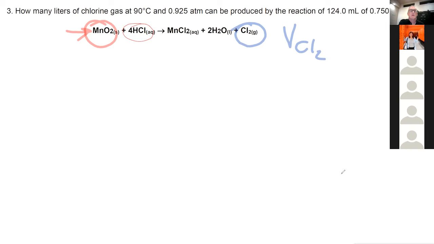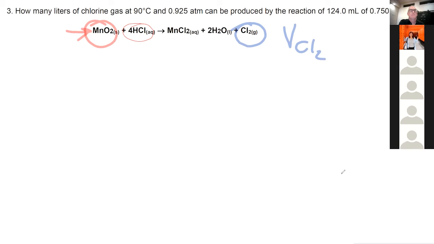Is that ionic or covalent? It's a metal, right? Manganese is a transition metal. So yes, it's ionic. So what will we call that? Manganese oxide?